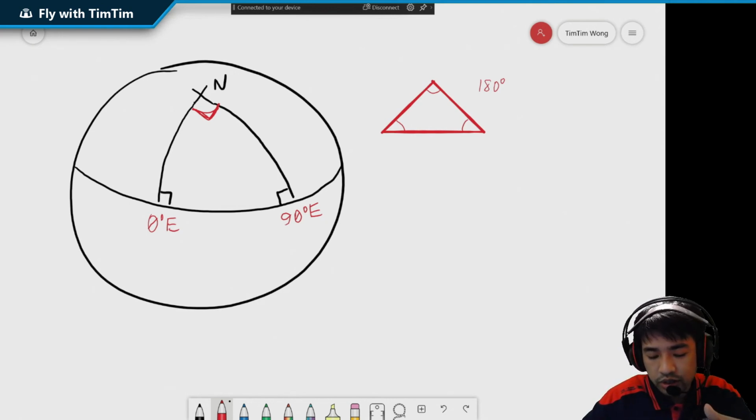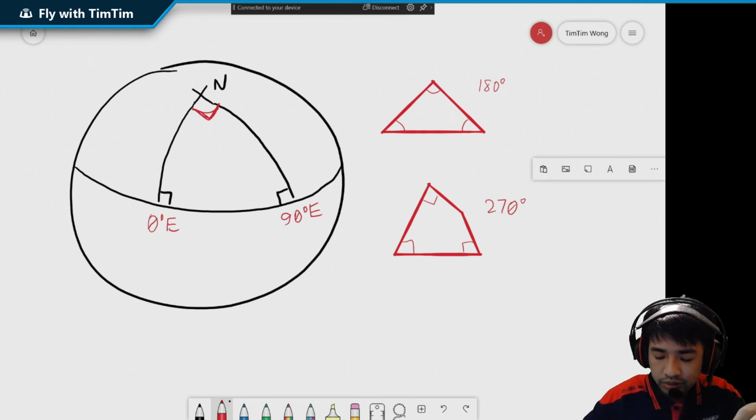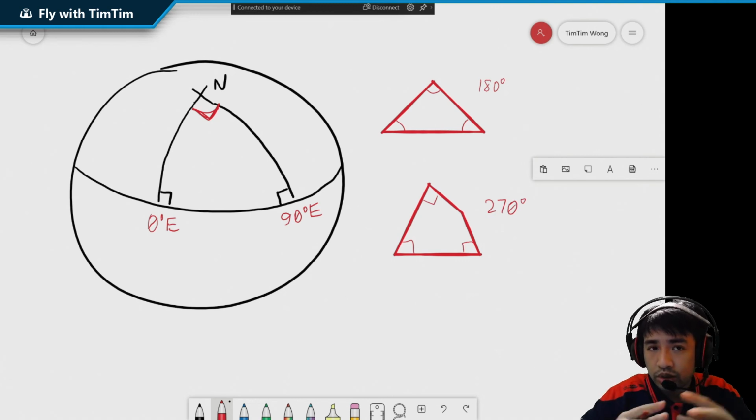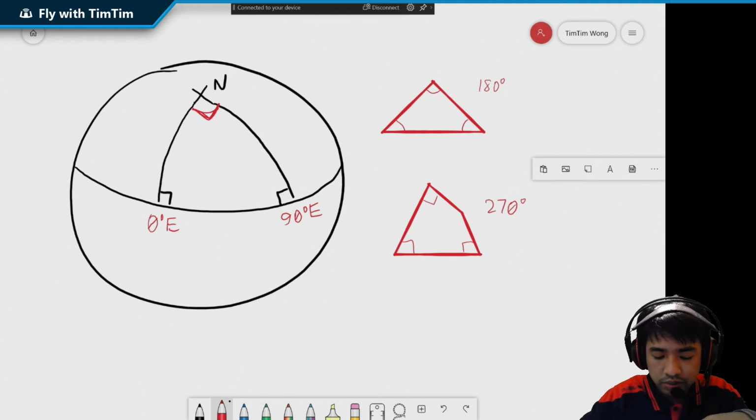So for this triangle on a spherical surface, we get 3 right angles. That makes the sum of internal angles 270 degrees, which is very different from what we learned in secondary school, because we were only taught about the plane coordinate system.